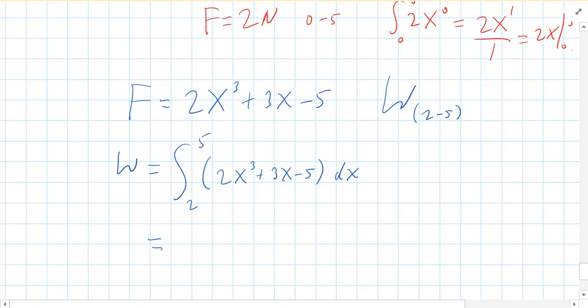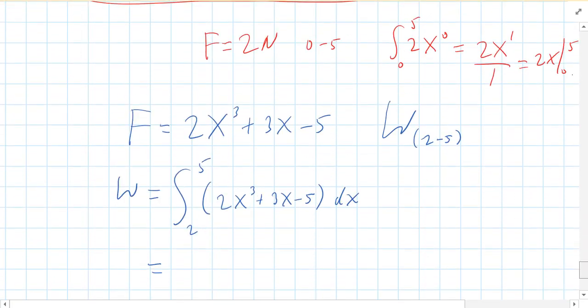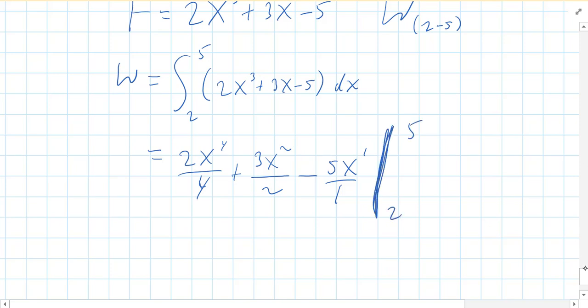You use this polynomial rule on each of the terms. The first term becomes 2x to the fourth over 4, just like before. The next term, 3x to the 1, becomes x to the 2 divided by that new exponent, 2. And then minus 5, which is like 5x to the 0, becomes 5x to the 1 over 1, or just 5x. Then you evaluate this from 2 to 5 meters.